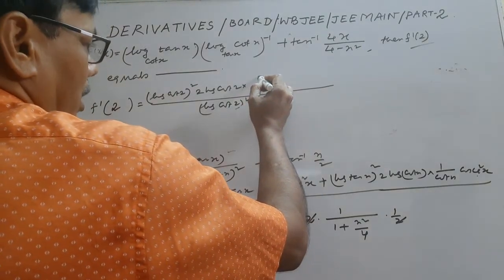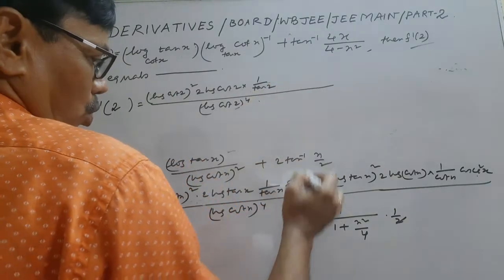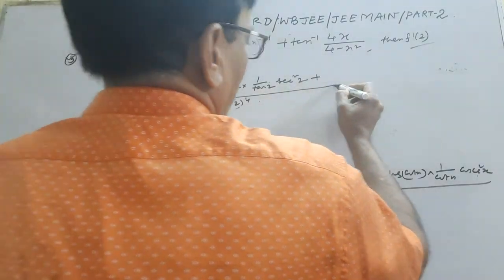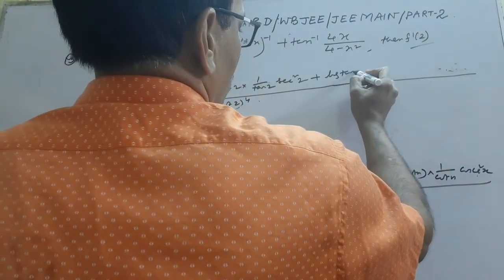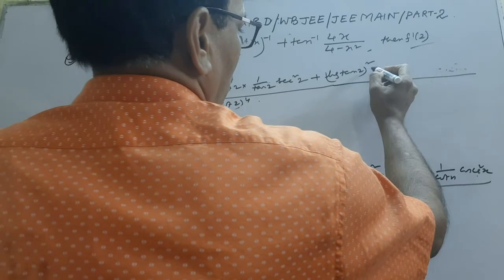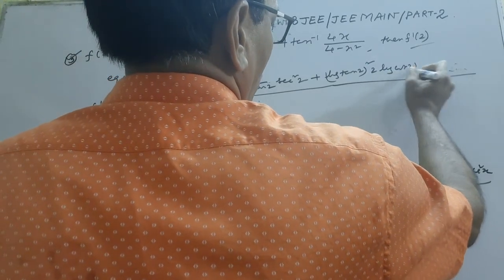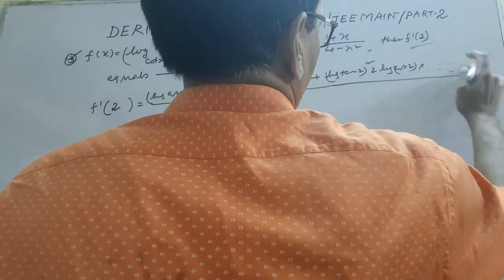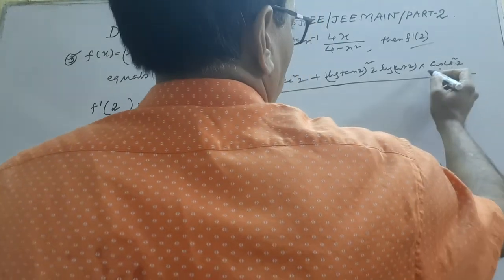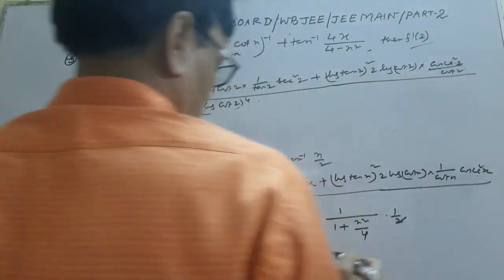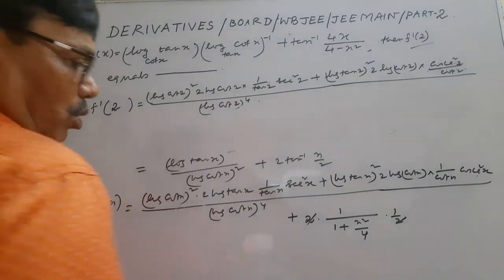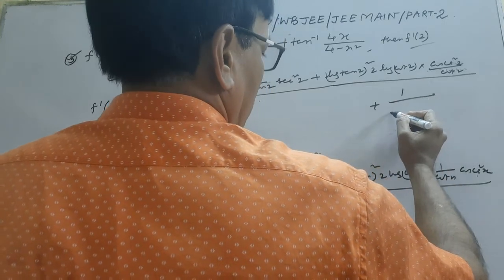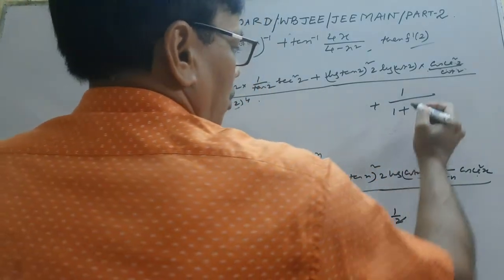So 1 by tan 2 into sec square 2 plus log tan 2 whole square, 2 log cot 2 into cosec square 2 by cot 2 by log cot 2 whole to the power 4, and second one 1 by 1 plus 1.